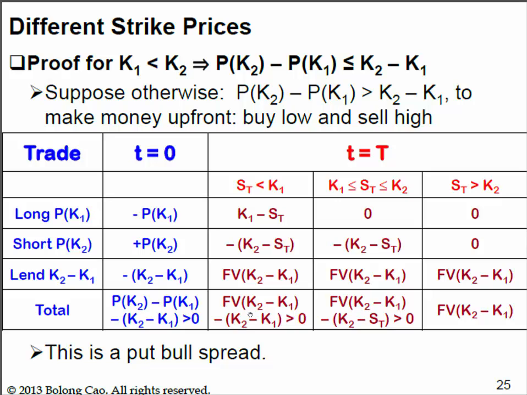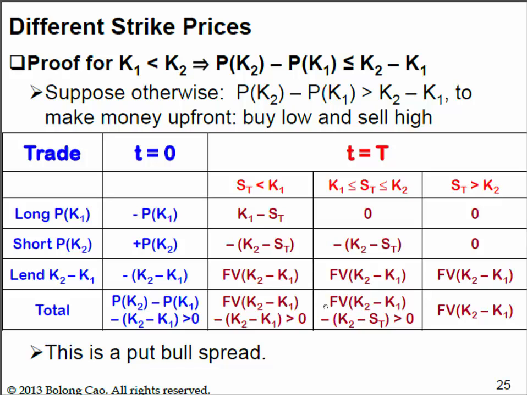And you lend it out, you should earn a risk-free rate. It's the future value of the difference between the strikes. Now, what you have received on the lending is this future value.